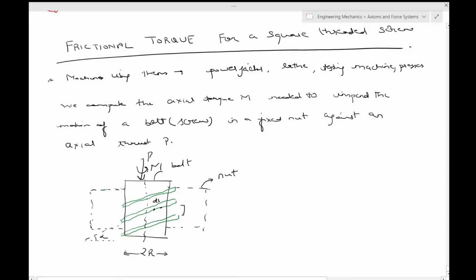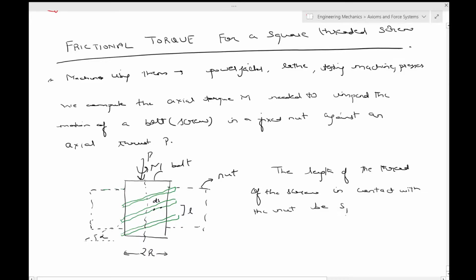The pitch is L. Pitch is essentially the separation between the two threads, or lead, sorry, L. So the length of the thread of the screw in contact with the nut will be S1.